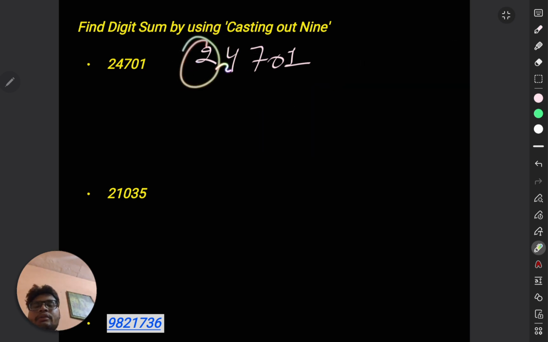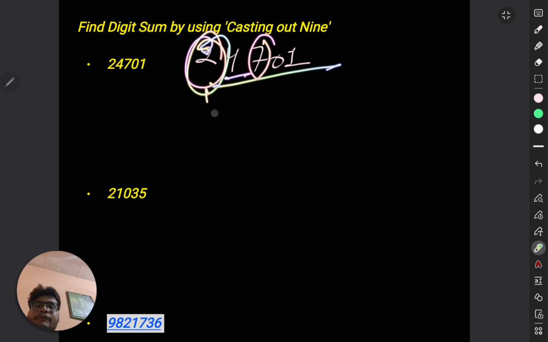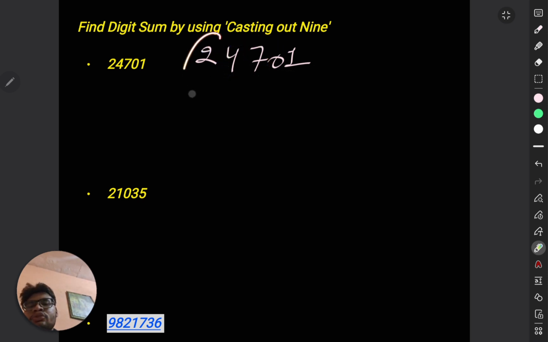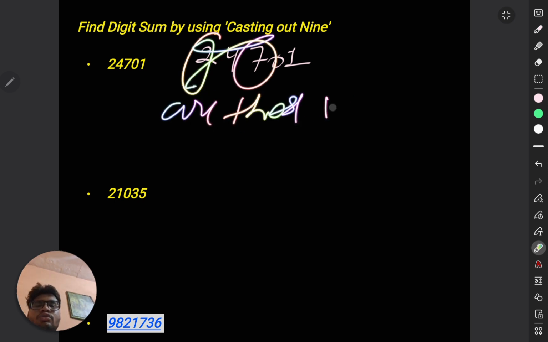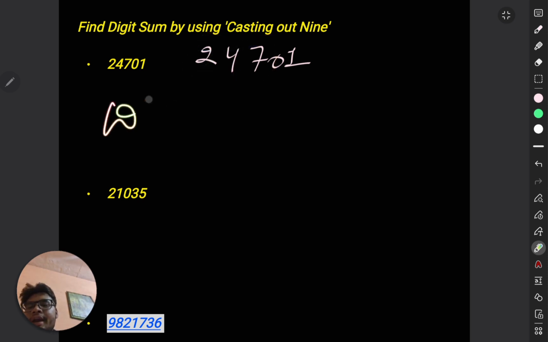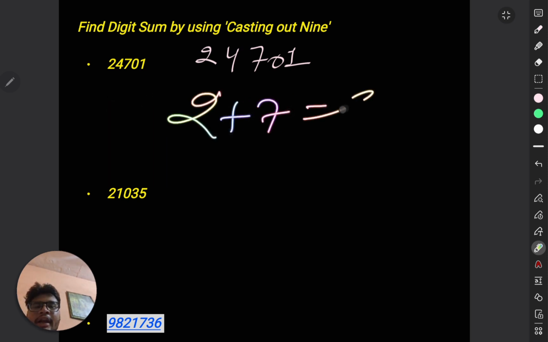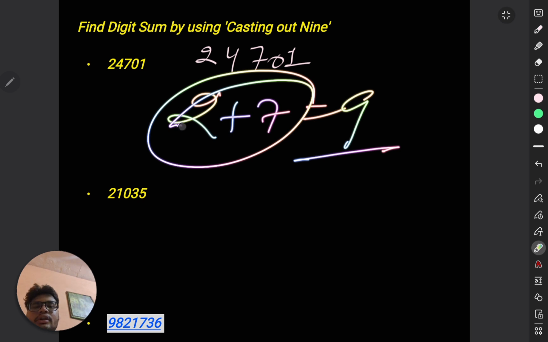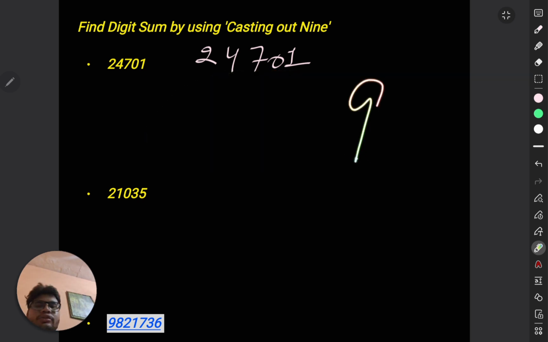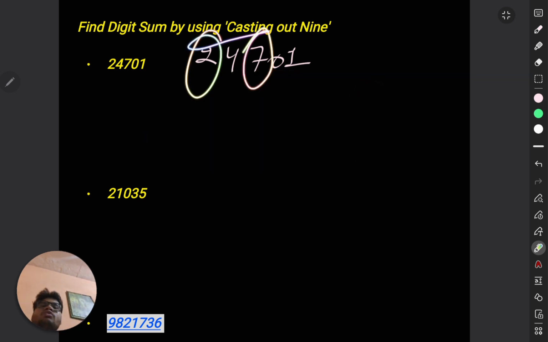So we have to check whether 7 is available in this number. Here is 4, here is 7. So we found 7 for 2, and 2 and 7 are those numbers which, when added, give 9. So we have to cast out these two numbers.